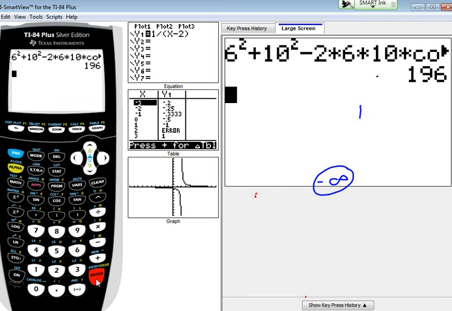That gives you x squared, right? What do you have to do at the end? Square root it. Good job. 14. Okay.